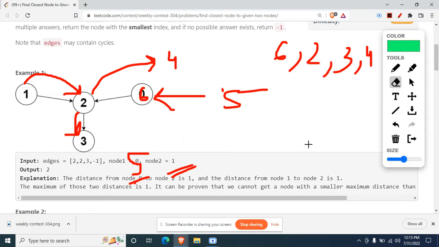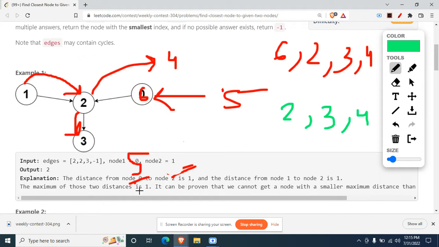Now let's check what are the nodes that can be visited by 1, which is given here, right? The nodes that can be visited by 1 are 2 obviously, from here it will go to 2, 3 obviously, and also 4, right? So 2, 3 and 4.